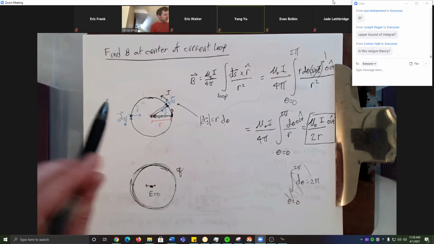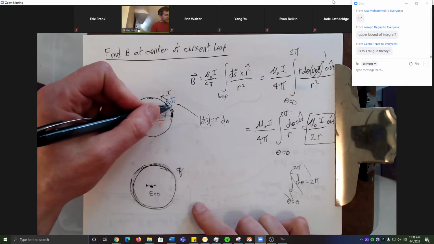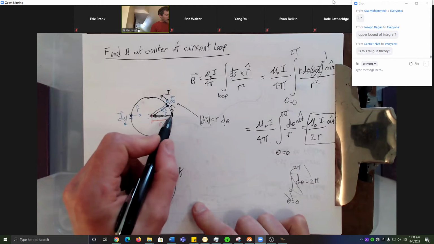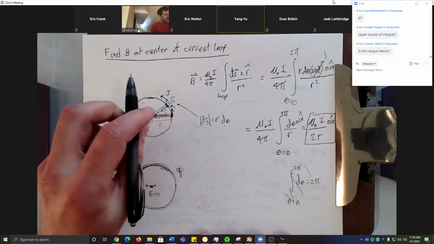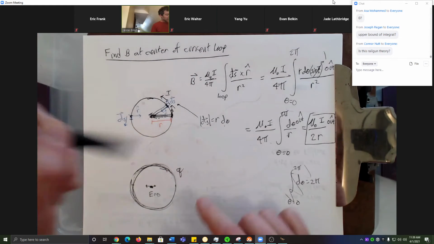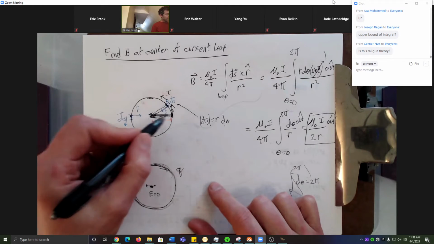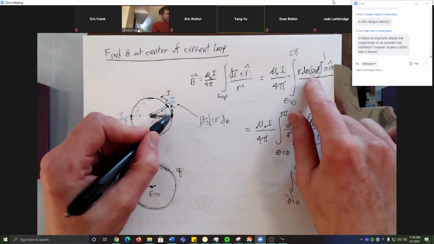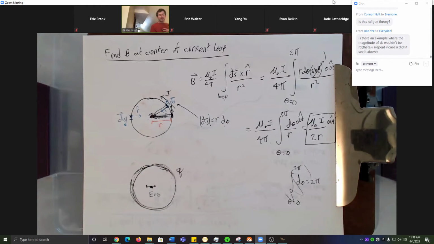So if you think about it, for this element here, the ds vector goes like that. r hat goes this way, right? Yes. So there is 90 degrees between the ds vector and r hat. So that's pi over 2 for this element. And then if you look around, all the elements are the same way.